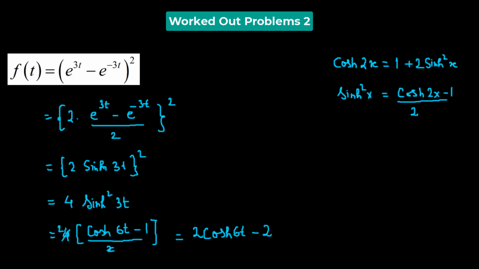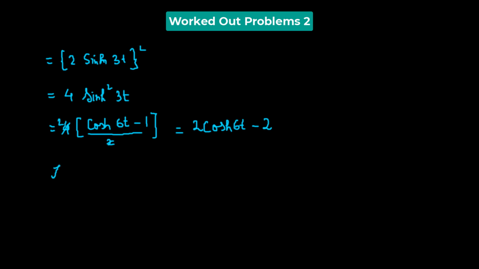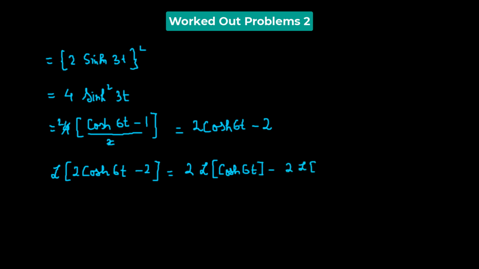Now we're going to find the Laplace transform of this particular function. So the Laplace transform of 2 times cosh 6t minus 2 is equal to 2 times the Laplace transform of cosh 6t minus 2 times the Laplace transform of 1, which is equal to 2 times s divided by s squared minus 6 squared, minus 2 times 1 over s.